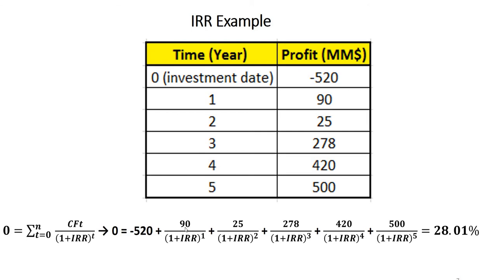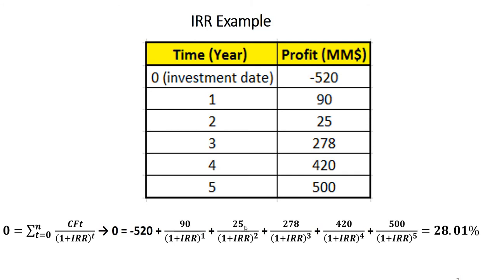At year 1, you're going to have 90 divided by 1 plus IRR to the power of 1. At year 2, 25 divided by 1 plus IRR to the power of 2. At year 3, 278 divided by 1 plus IRR to the power of 3. At year 4, 420 divided by 1 plus IRR to the power of 4. And at year 5, 500 divided by 1 plus IRR to the power of 5.